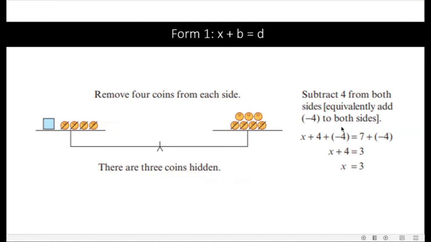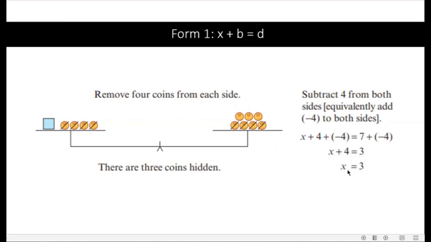Therefore, in abstract form, subtract 4 from both sides, equivalently add negative 4 to both sides. So we have negative 4 on the left side of the equation, and again negative 4 on the right side. So we have a new form of equation, x plus 4 minus 4 equals 7 minus 4.